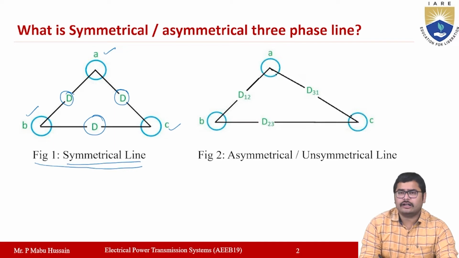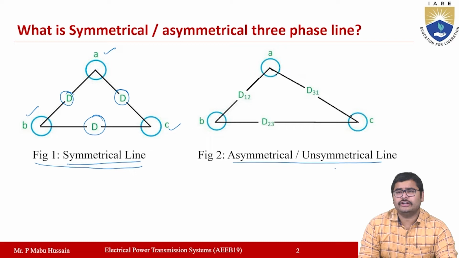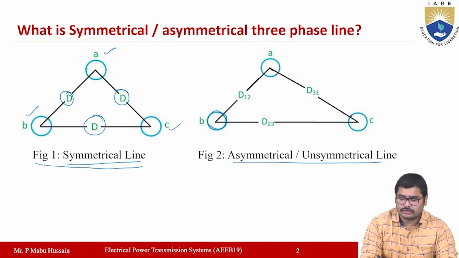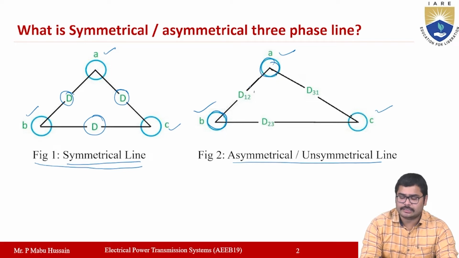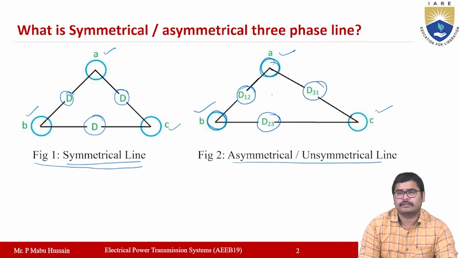In contrast to that, in the second figure, the distance between any two conductors is not the same. In a three-phase transmission line with conductors A, B, C, the distance between A and B is D12. It is not equal to the distance between B and C, which is D23, and is also not equal to the distance between A and C, D31.